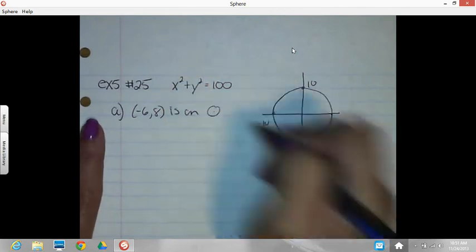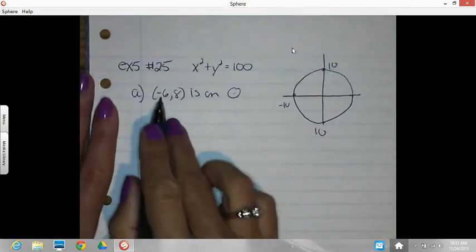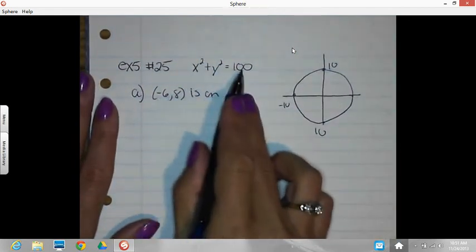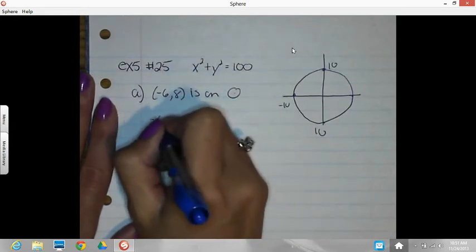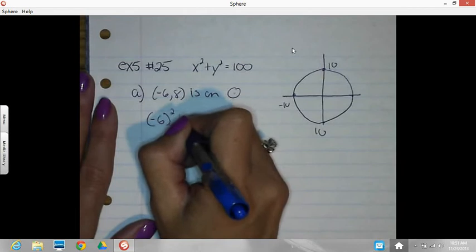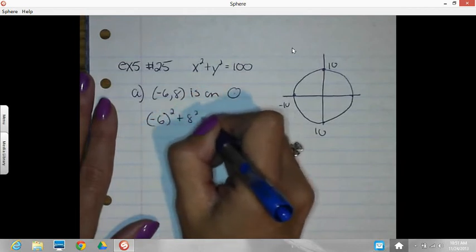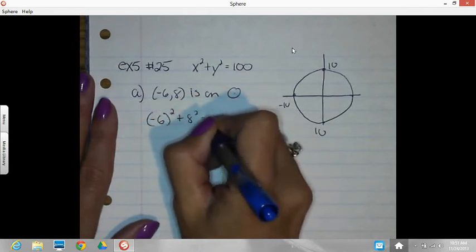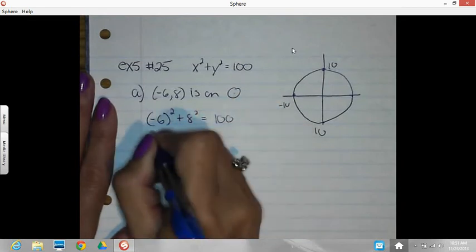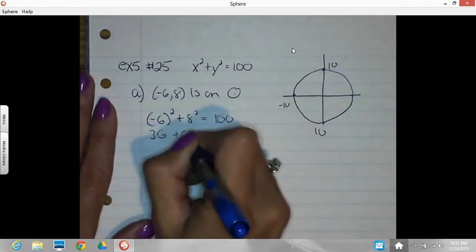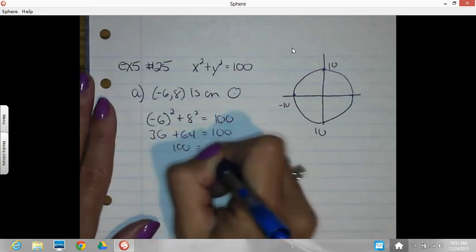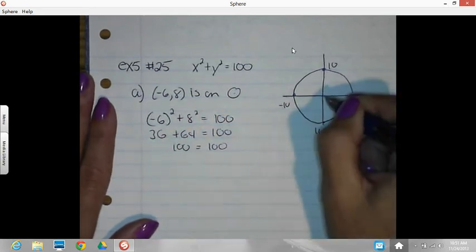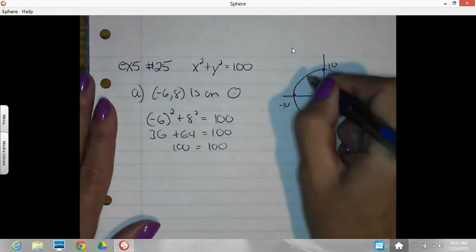Well, all that is, is plug in for the x and the y and show that when you do the math here, it does come out 100. So negative 6 squared plus 8 squared should equal 100. Well, that's 36 plus 64. 100 equals 100. Okay, so negative 6, 8 is about here on the circle.